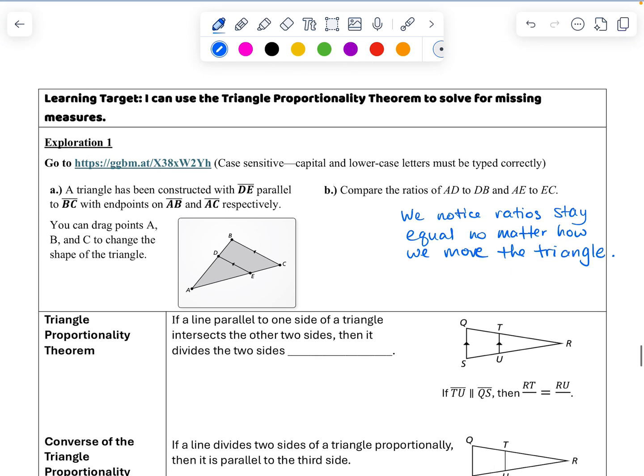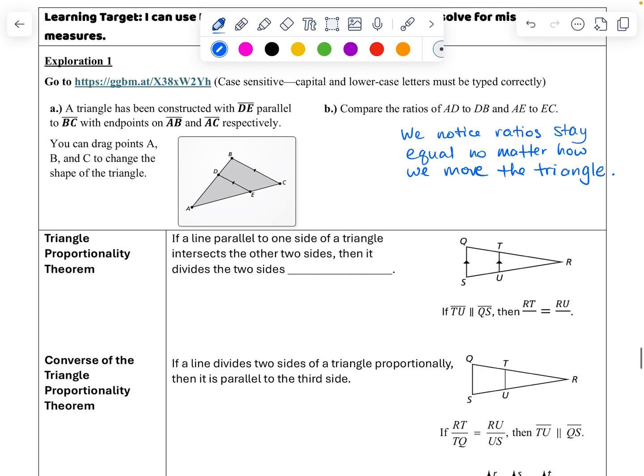Okay, so we have three theorems that go with this. The first one is the Triangle Proportionality Theorem. It says that if a line parallel to one side of a triangle intersects the other two sides, then it divides the two sides proportionally. Okay, so over here it says if TU is parallel to QS, then RT goes with something and RU goes with something.